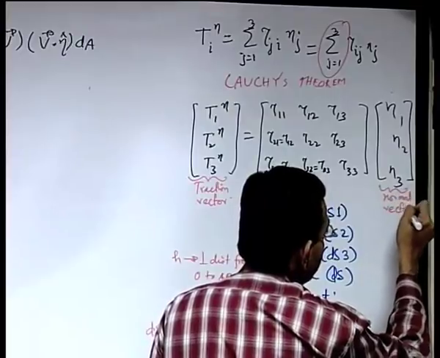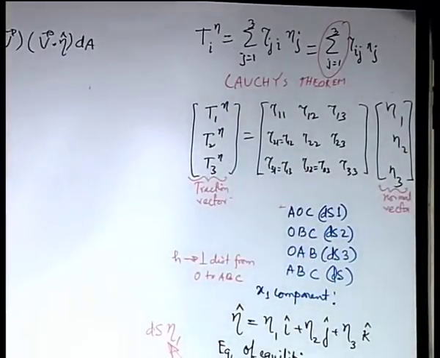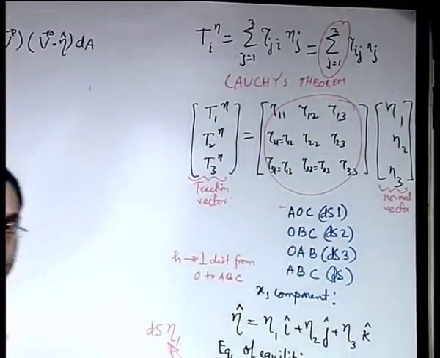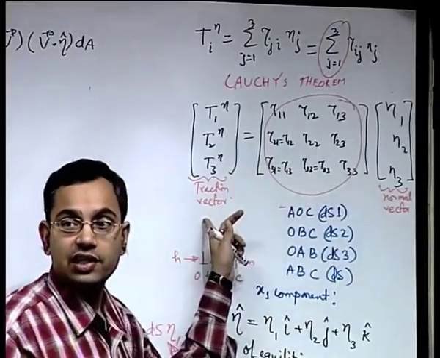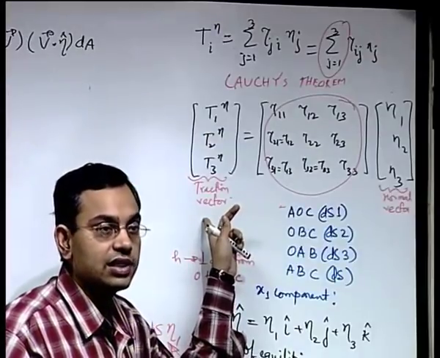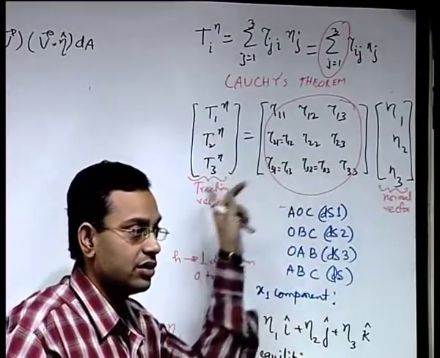Each vector is of course expressed in terms of its scalar components, and you can see this stress tensor component collection is mapping the normal vector onto the traction vector. So, this is an interesting property of a second order tensor, that it maps a vector onto a vector.